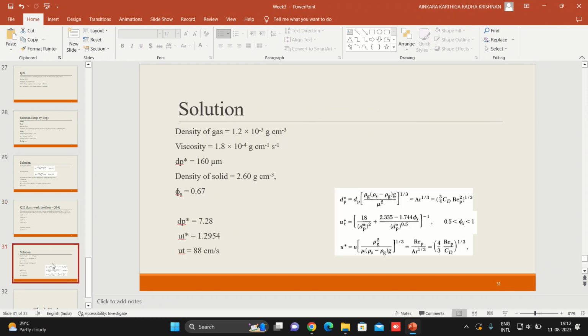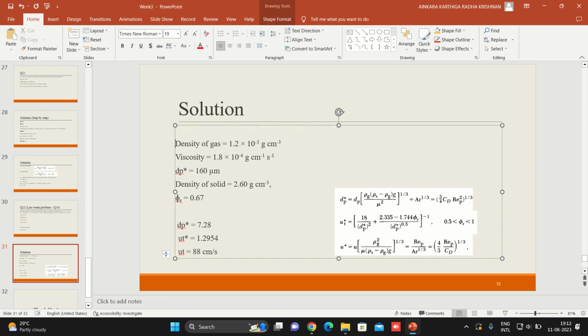So we'll go through the step-by-step approach itself. First, we'll write whatever is given.